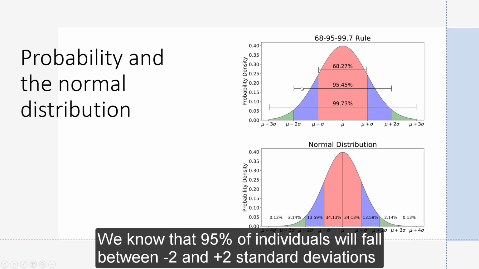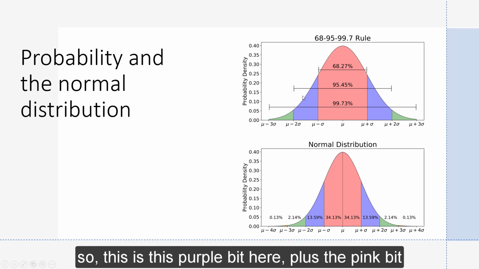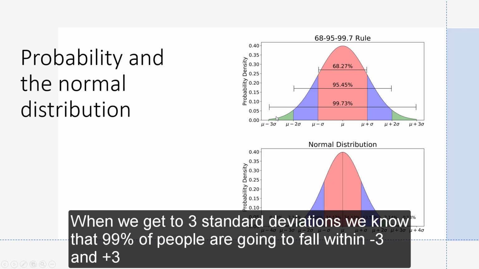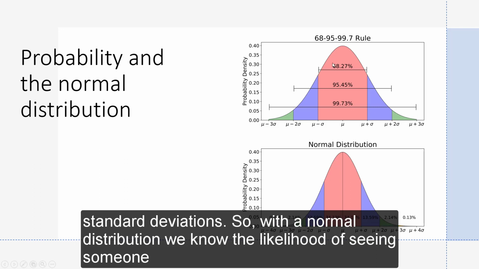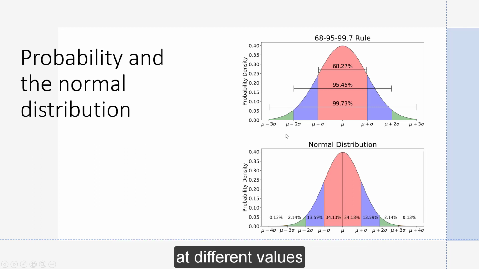We know that 95% of individuals will fall between -2 and +2 standard deviations. So this is this purple bit here plus the pink bit. When we get to 3 standard deviations, we know that 99% of people are going to fall within -3 and +3 standard deviations.